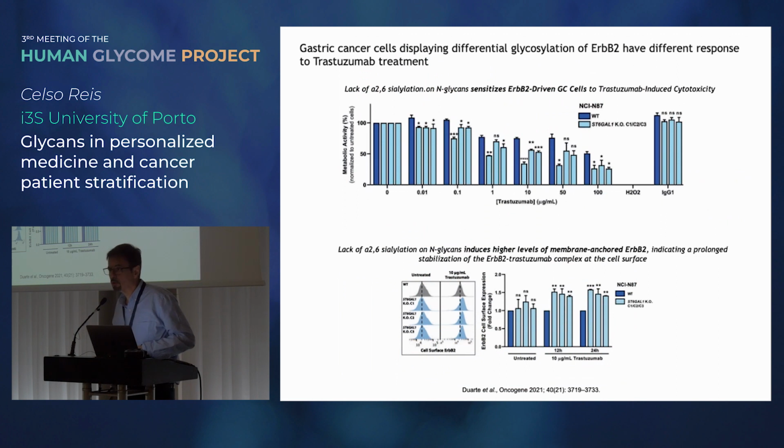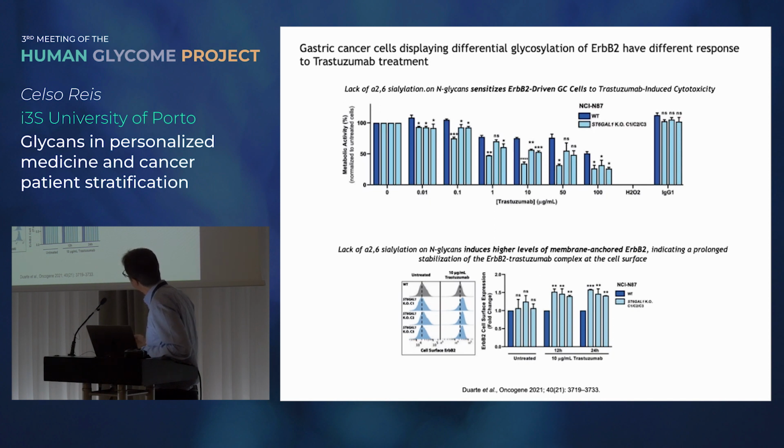recognizes. And so we performed a series of in vitro analyses with these cells and the clones, and showed that this glycosylation change was inducing major modification in terms of response to trastuzumab.